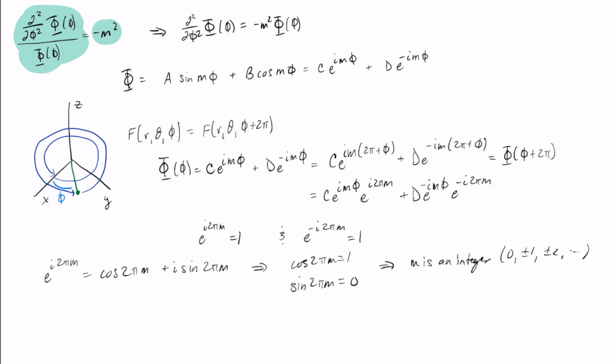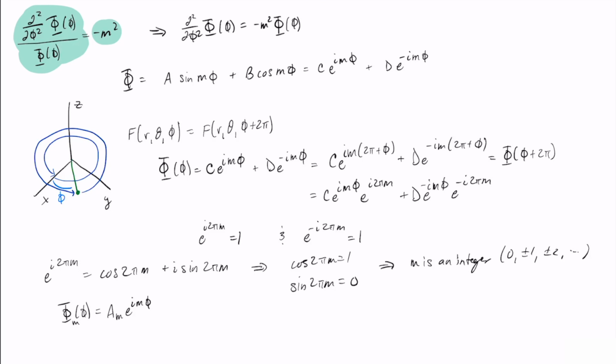Okay, so then we can finish this by saying that big phi now gets a subscript m, right? Because we know something about the eigenstate, and so now we can label it with something useful.